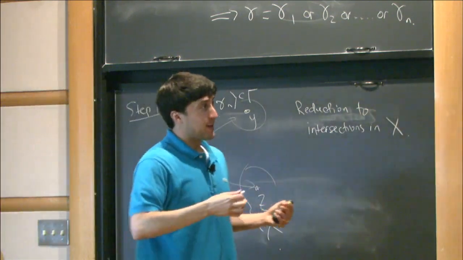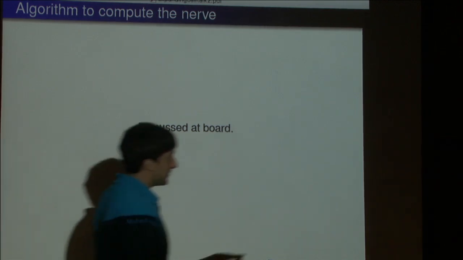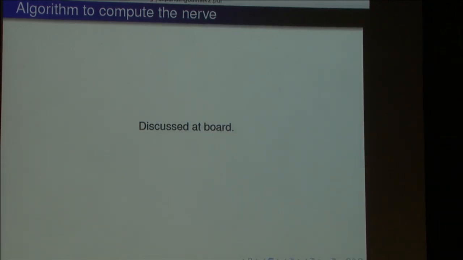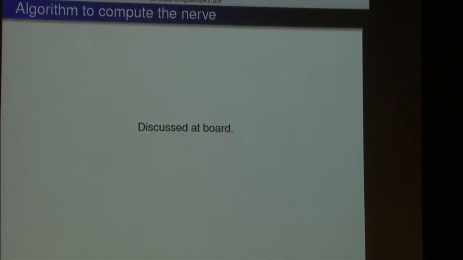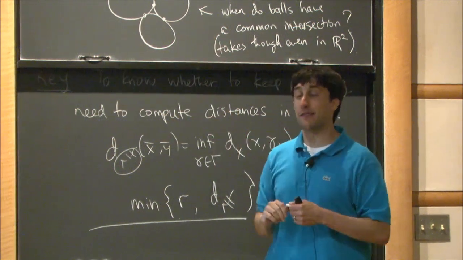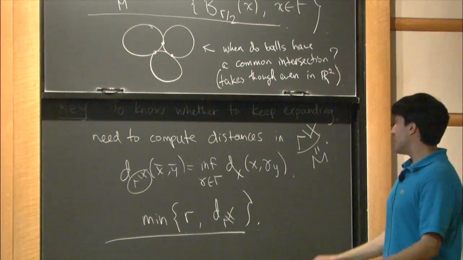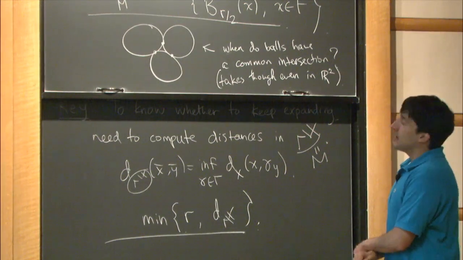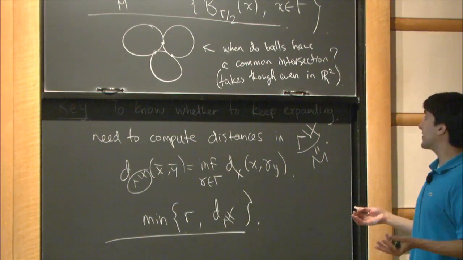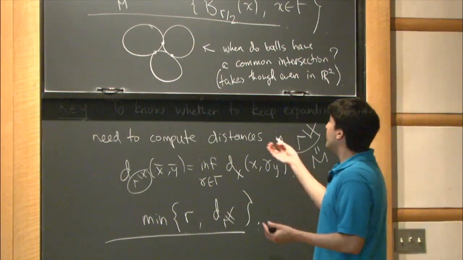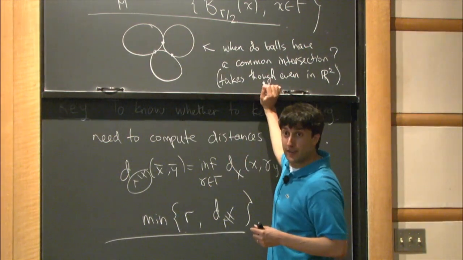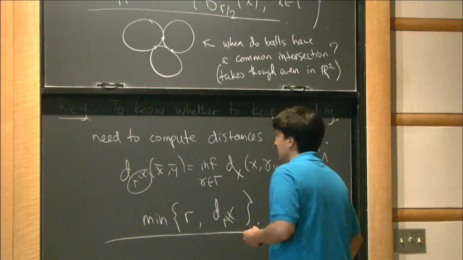Okay, so we're back to this tricky problem, which I claimed was tricky even in the Euclidean plane. Say you have 3 balls in the Euclidean plane, or more importantly for us, in a negatively curved symmetric space. How do you determine whether 3 balls have a common intersection point?